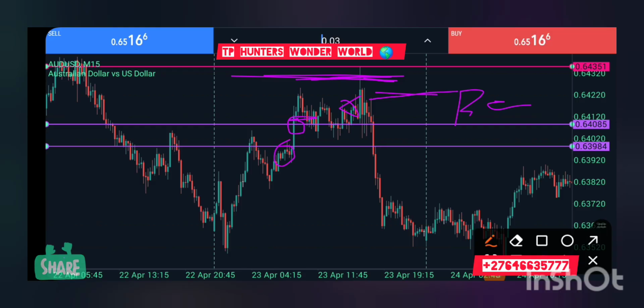Wait for reversals, confirmation, like rejections, engulfing candles. That's where you can at least try to open positions. But then don't forget to mark this level, because this level, price has to come back again.